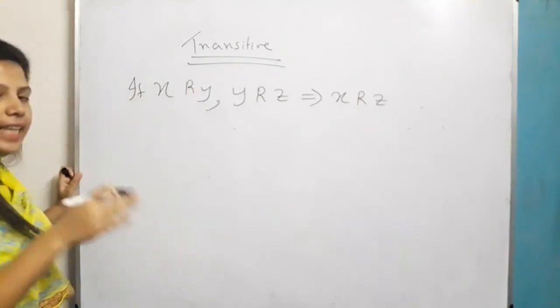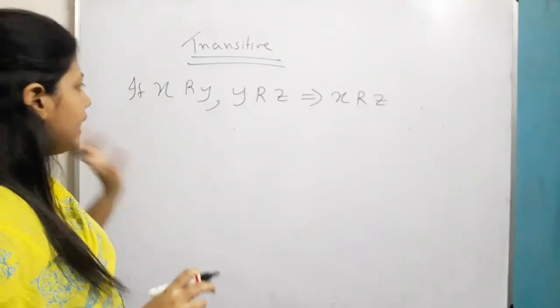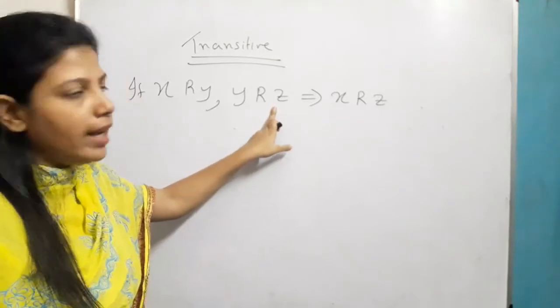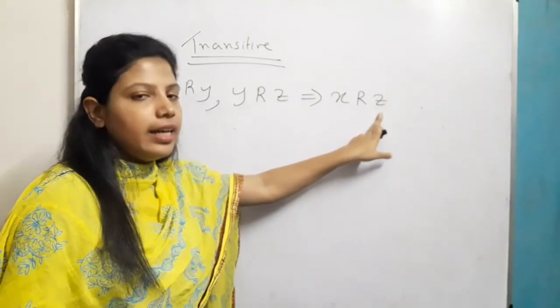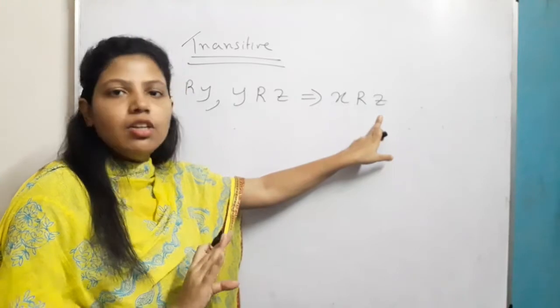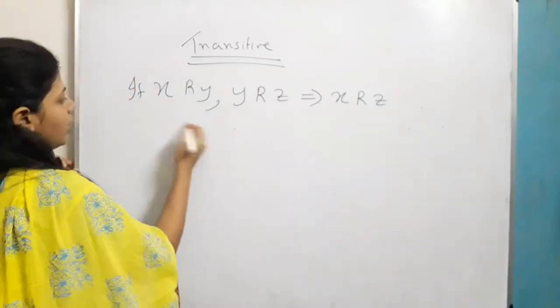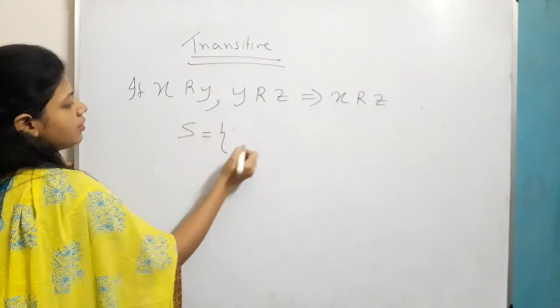Here also the same type of condition is there. If x R y, y R z, then I will check x R z is there or not. Otherwise I will not check this one for all the elements. Okay. So I will take one set from here.